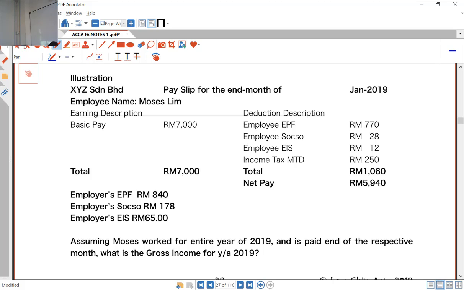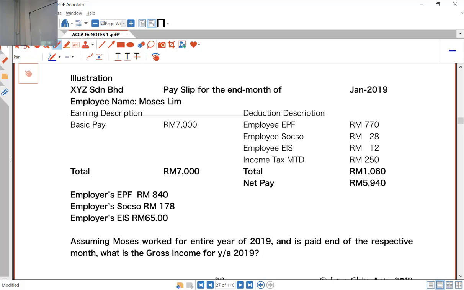How much is your take-home pay? 5,940 only. That's why even when your boss says, I give you a 7,000 salary a month, you don't expect 7,000. At the end, every month when the money goes into your bank, it's only 5,940. It's quite a lot of difference. 7,000 is your salary, but you take home 5,940. So 1,060 is gone, all right? Now, where is it?